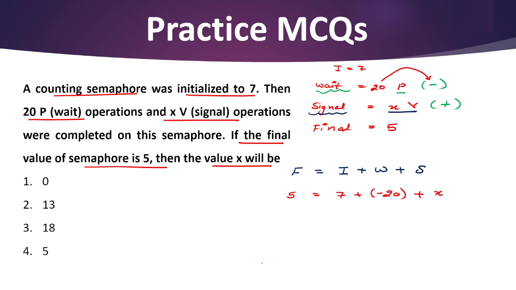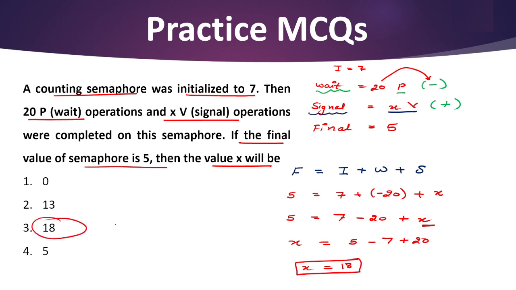So the next step is 5 equals 7 minus 20 plus x. We have to find the value of x, so we write x equals 5 minus 7 plus 20. When we calculate this, the answer is x equals 18. So the correct answer is option number 3.